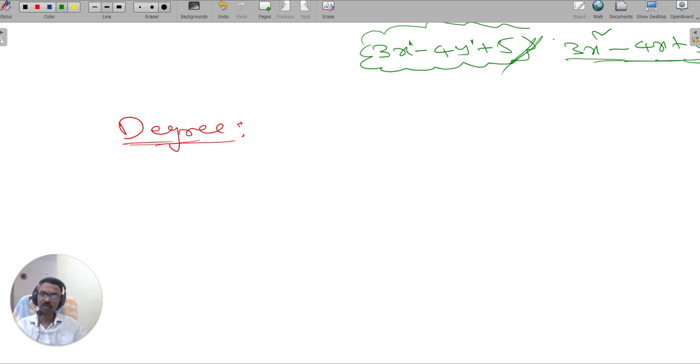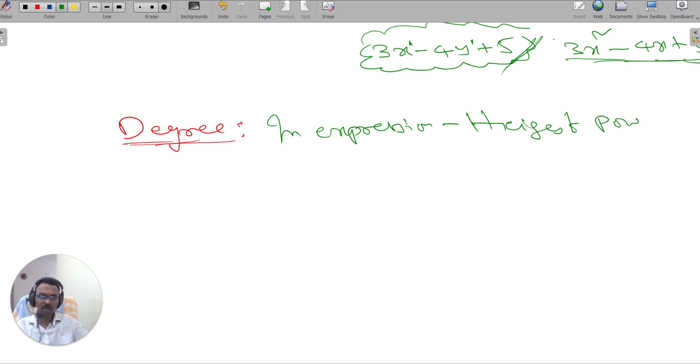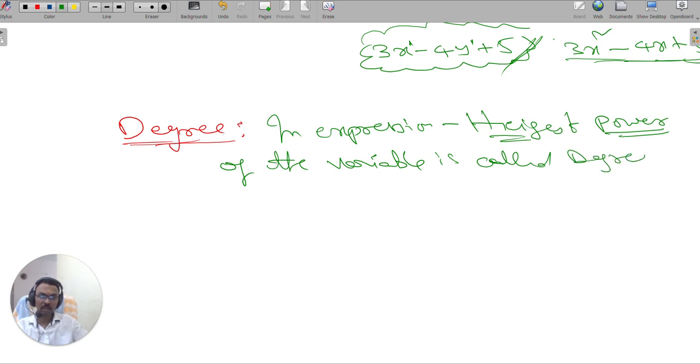Most of you know degree, from the 9th standard and 10th standard. What is degree? In any expression, the highest power of the variable is called the degree. Highest power of the variable is called degree.